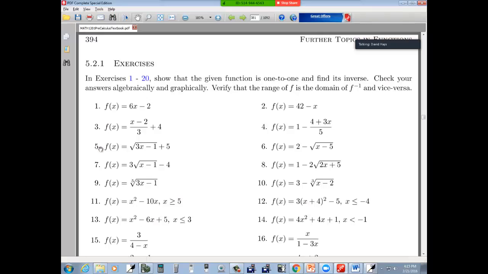Very cool. Now here, we got f of x is equal to 6x minus 2.